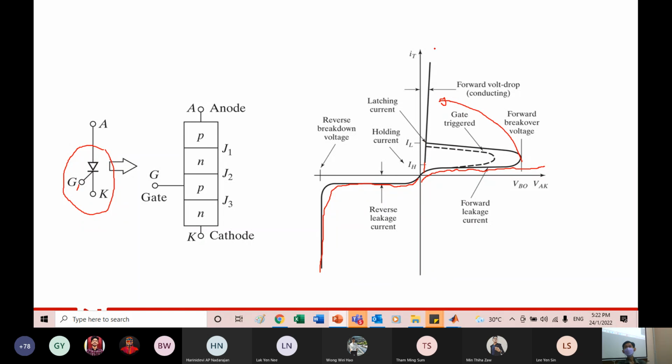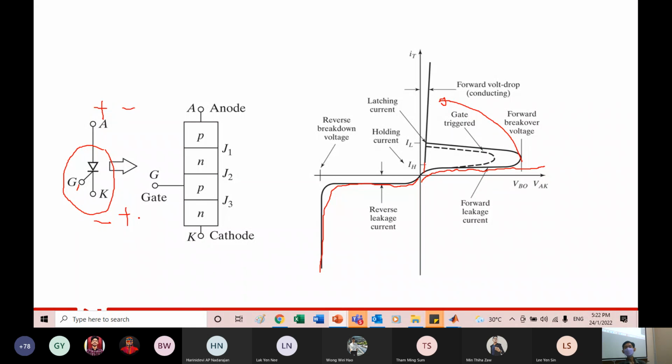It will stay on as long as your anode and cathode remain positive and negative, until you reverse the polarity, or you remove the power supply to the thyristor. That will turn it off. So that is the condition of how this thyristor behaves.